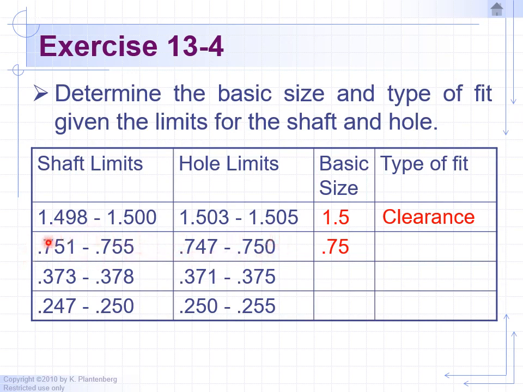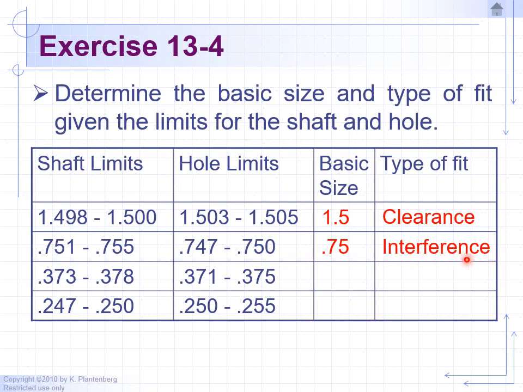So no matter what shaft you pick from this range and which hole diameter you pick, the shaft is always larger than the hole, guaranteeing interference. The hole is always smaller no matter what, so you're going to have to force that shaft into that hole. The clearance will always be negative, whether it's maximum or minimum. It will always be negative.